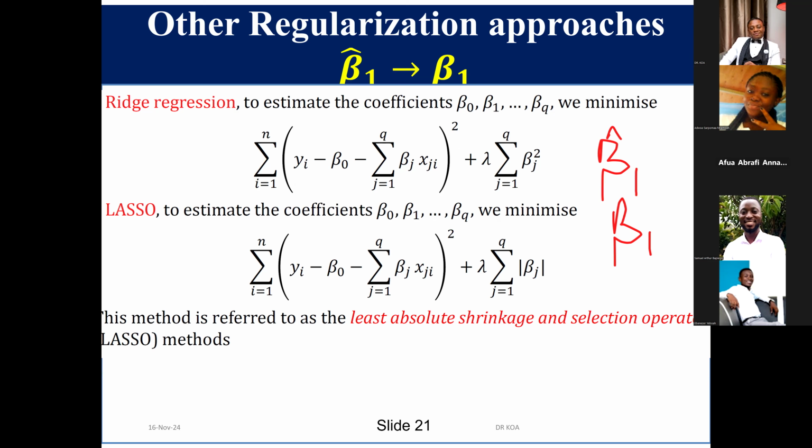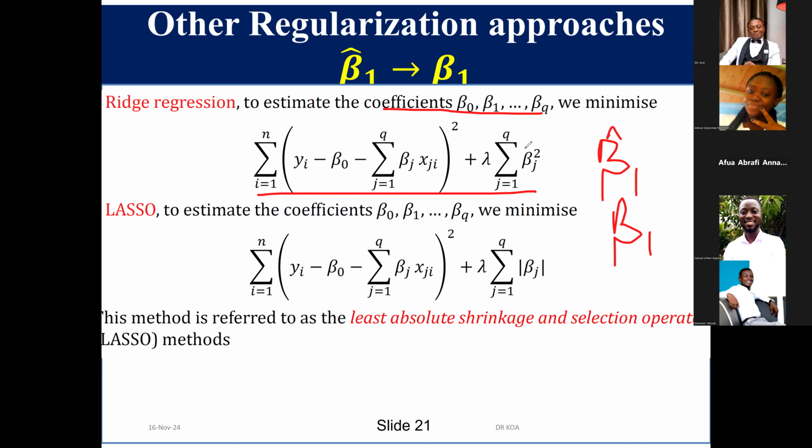Ridge regression and lasso regression are also able to estimate the coefficients. I will not go through the nitty-gritties with you, but when you get to your second time, you will learn how we get all of this if you want to. Ridge regression is a beautiful machine learning approach, apart from OLS regression, that can be used to estimate this. All of them minimize the sum of squared errors in some unique way.